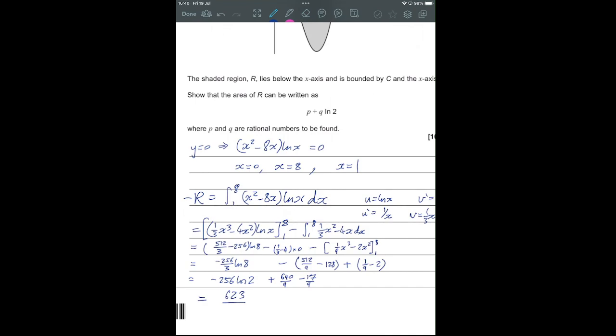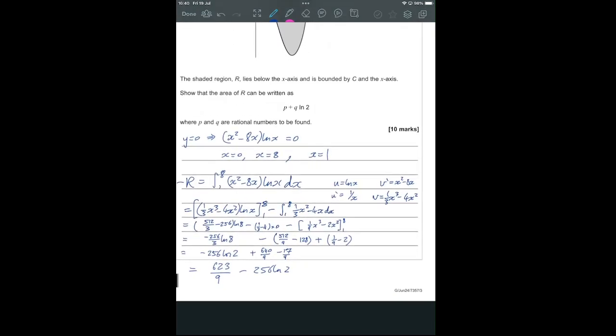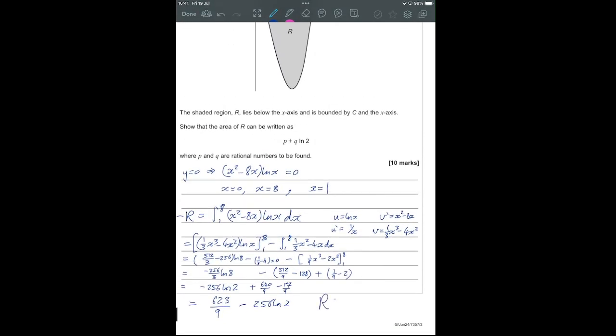I've got one more step after this. Simplifying the numbers minus the other thing. And therefore, the area of R can be written as, noticing that this whole integral was negative R, I need to swap the signs. And I claim that is the answer. Not a very nice answer, for sure, but an answer.